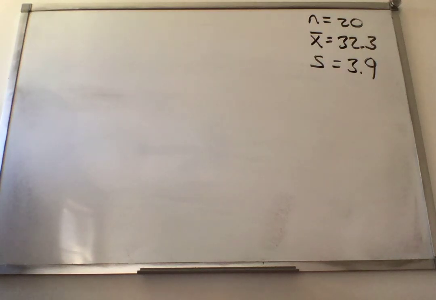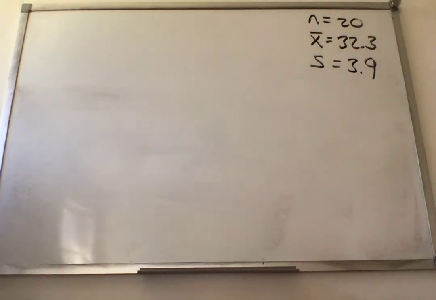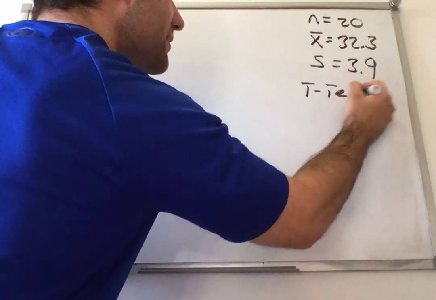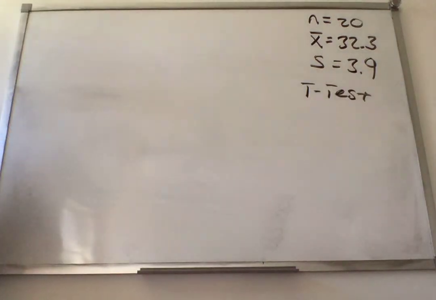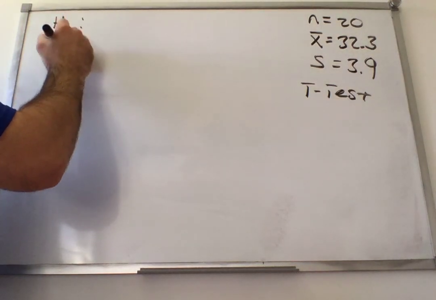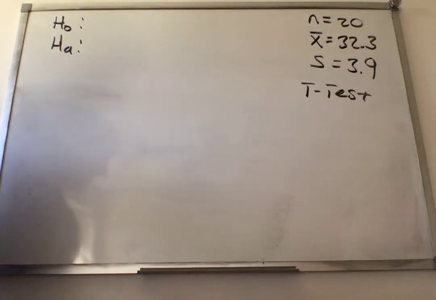So that implies he knew the population standard deviation. Okay, here we're talking about the sample standard deviation. Since we're talking about a sample standard deviation, we're going to use the t-test to get our p-value. But let's go ahead and set up our null hypothesis and our alternative hypothesis first.